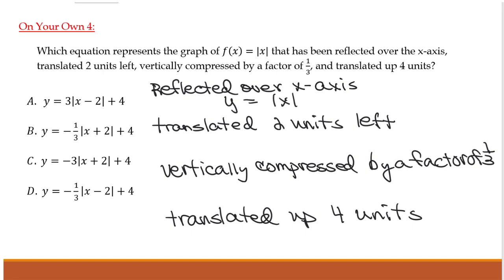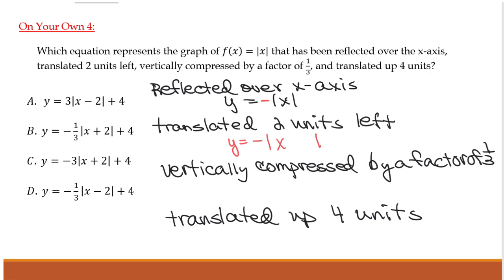All right, so I'm going to add the first one. Reflected over the x-axis means that there is a negative outside the absolute value. All right, so now I'm going to bring this down. Translated 2 units left means that I'm going to always do the opposite in terms of adding or subtracting.